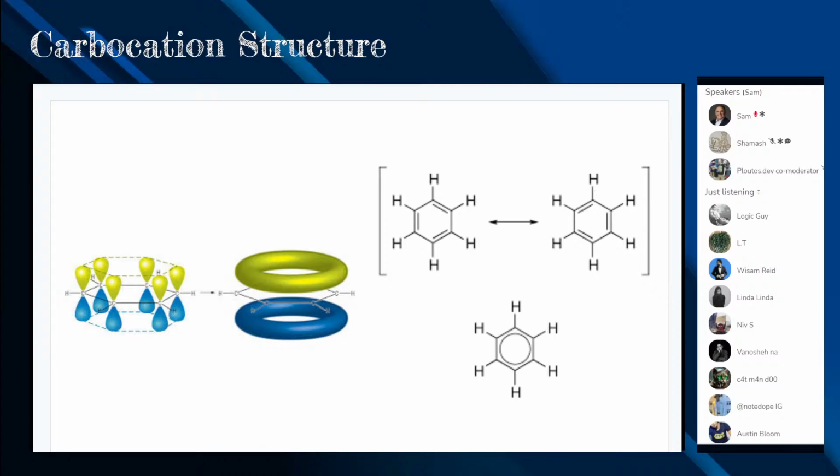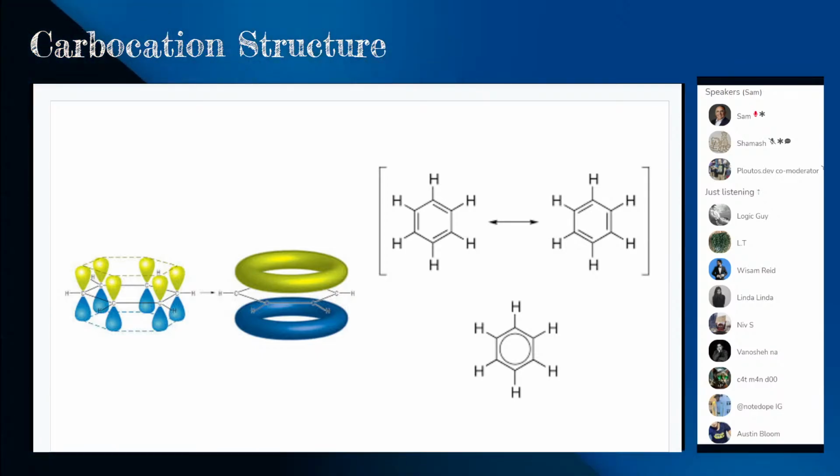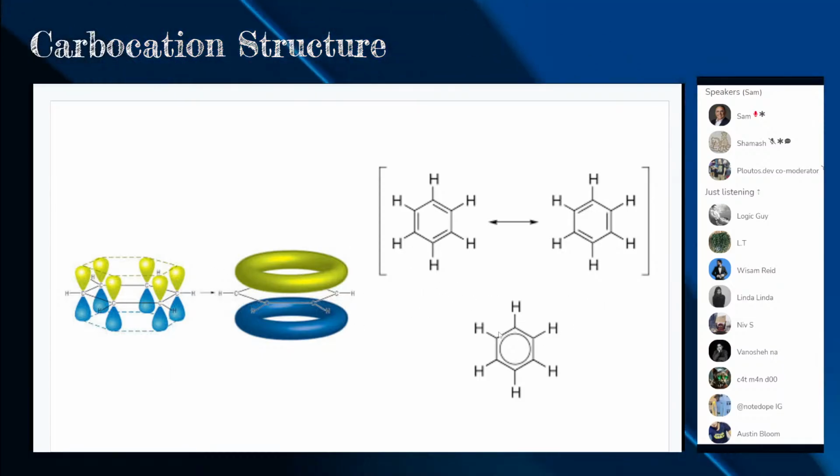If one of the canonical structures were to exert more influence, then we'd see the bonds would alternate longer, shorter, because double bonds are shorter than single bonds. But we don't see that. We just see one type of bond, one type of carbon, and one type of hydrogen.